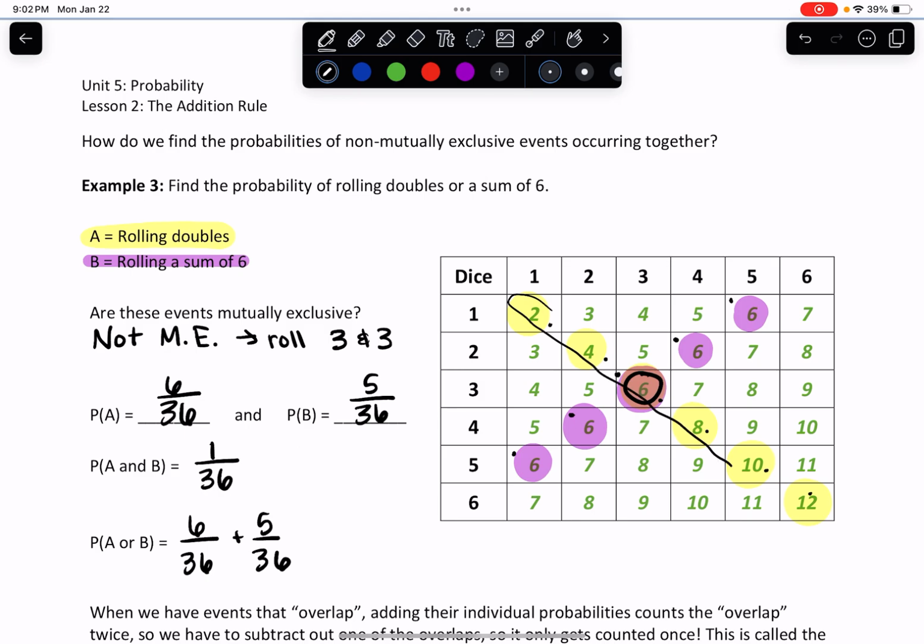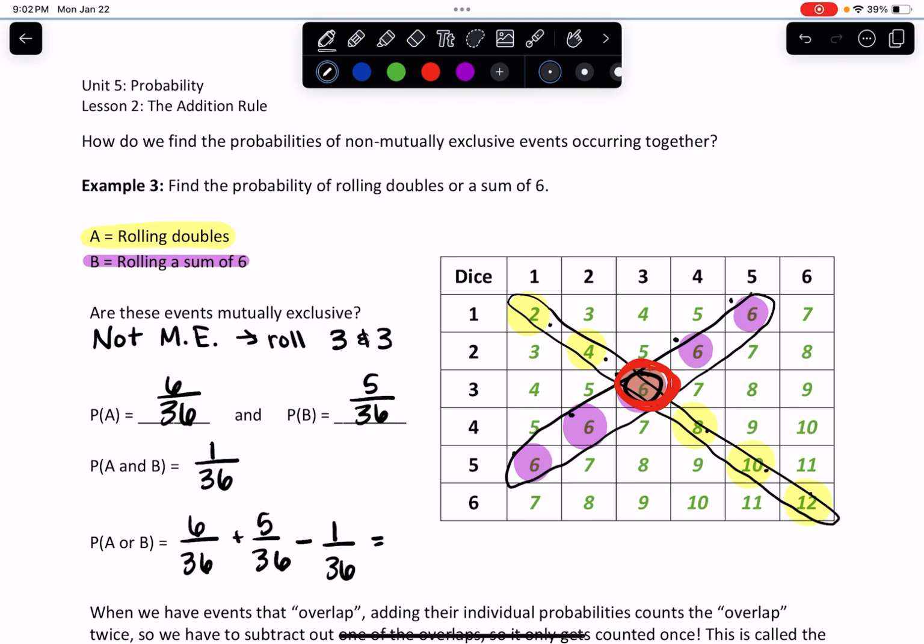Now the problem when they're non-mutually exclusive is that when you add your events together, you've counted this value twice because there's overlap. So in order to get rid of that, we're going to subtract it. So now we're only counting it once instead of twice.